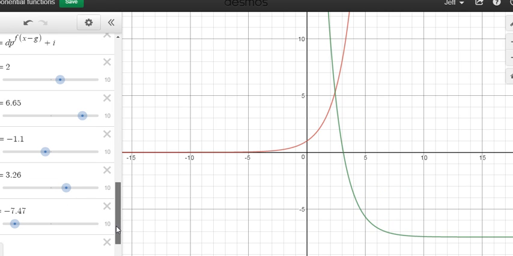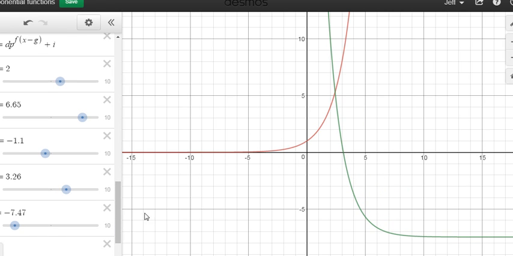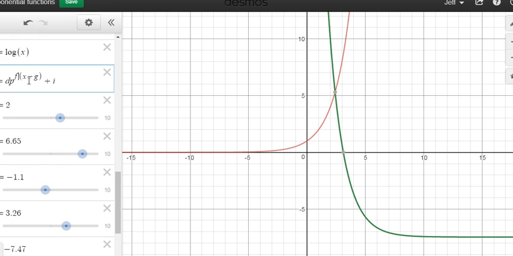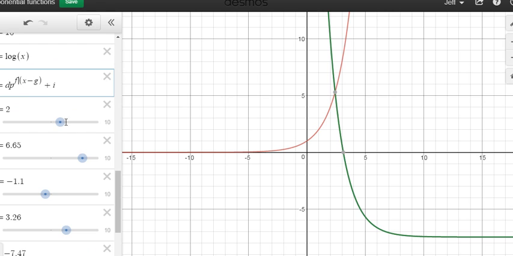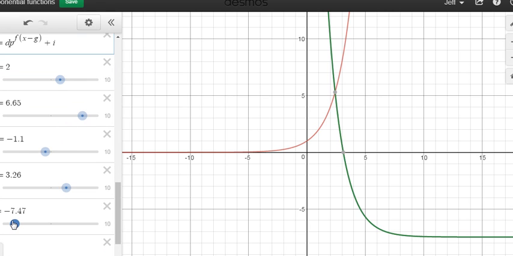All right. So this graph of green is y equals 6.65 times 2 to the power of negative 1.1 bracket x minus 3.26 plus negative 7.47.